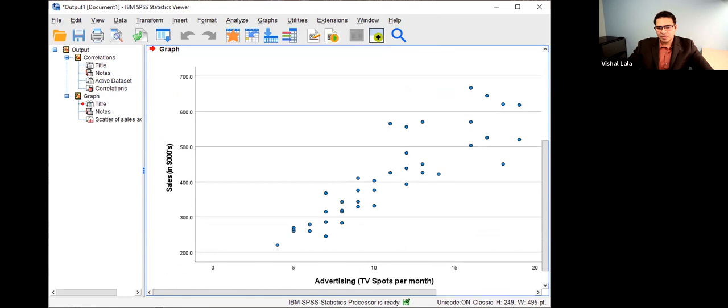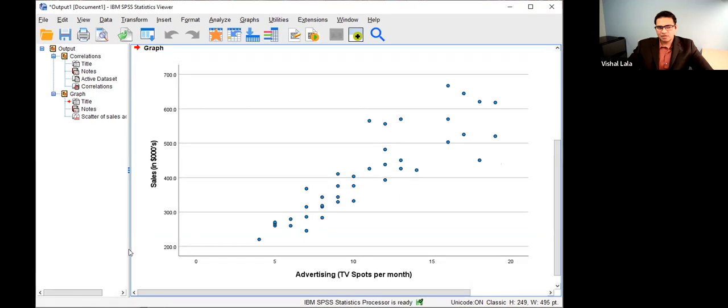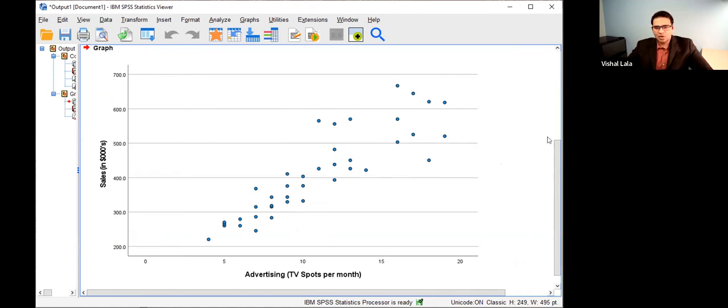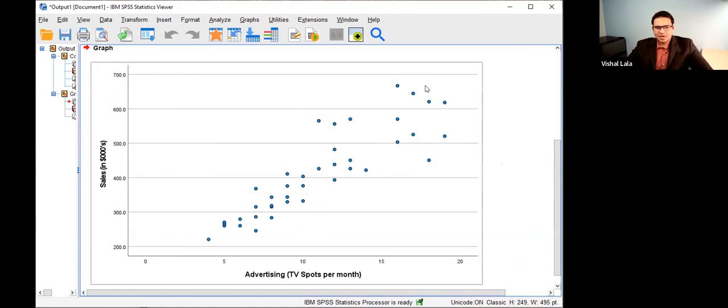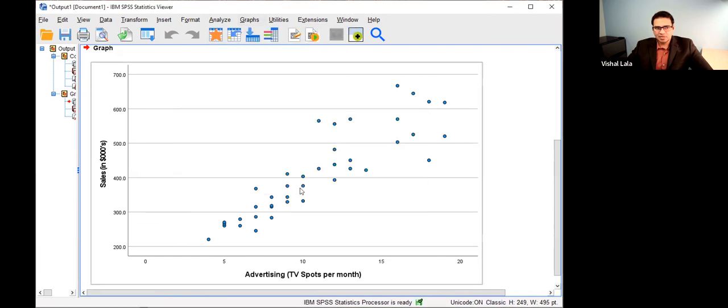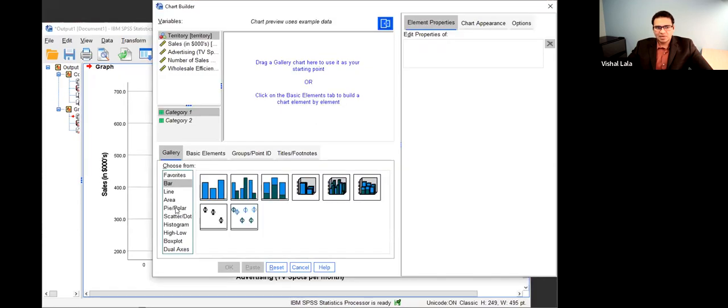Here's what you get. Now, in a bid to catch up with the other software that has really good graphics capabilities, SPSS has tried to make their graphing options more exciting. So another way of constructing the same scatter plot would be to go to graphs and then select chart builder. From here you can select a type of plot.